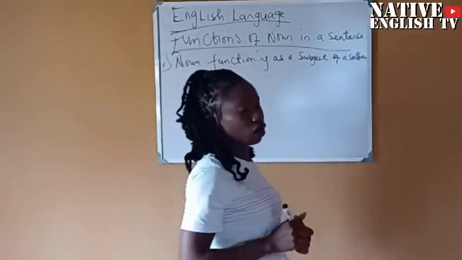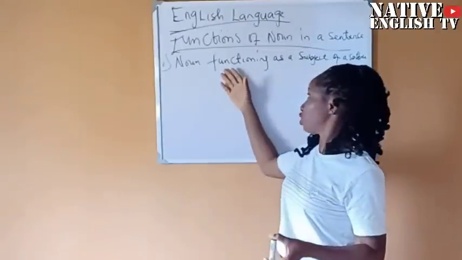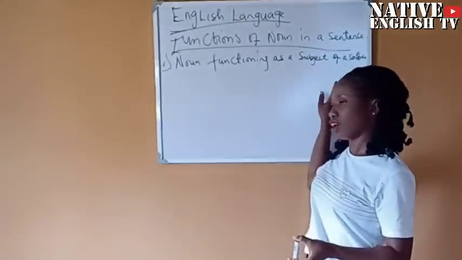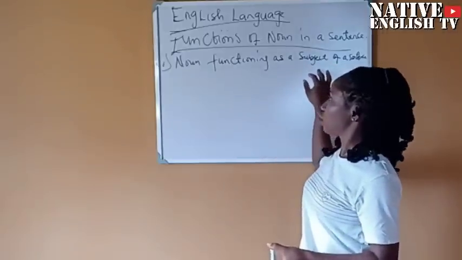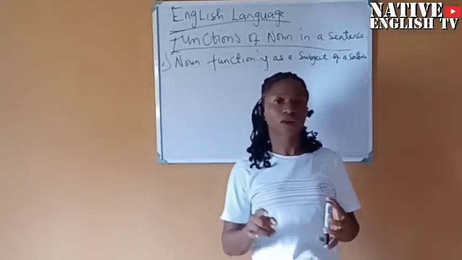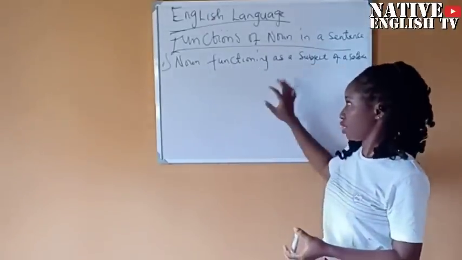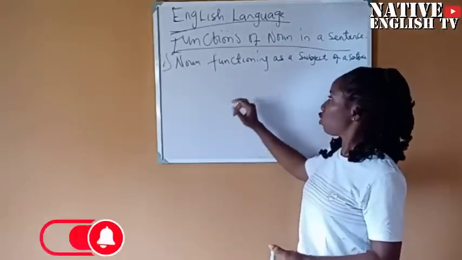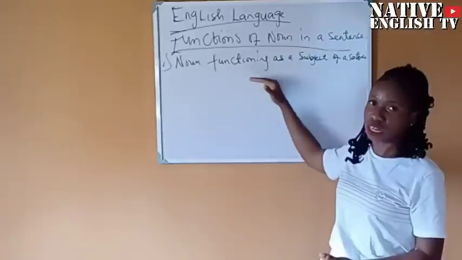Now, when we talk about noun functioning as a subject of a sentence, it simply means that the subject is who or what is performing the action of the verb in a sentence. The noun usually appears at the beginning of the sentence.